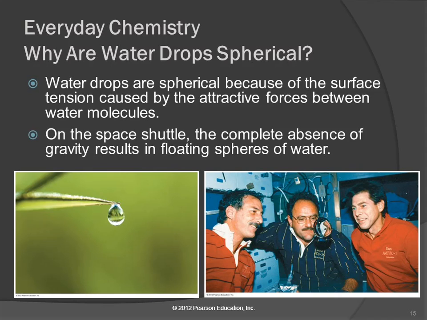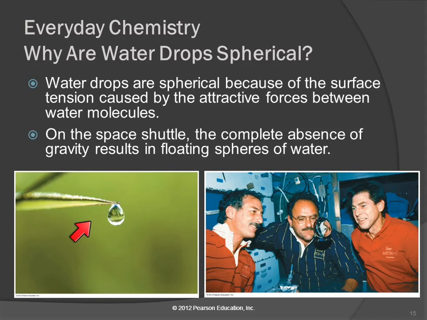If you remember the geometric shapes that you studied at some point in your education, you've got spheres and cubes and prisms and all these different shapes. A sphere is the one that has the smallest surface area for its volume. A cube has more surface area per volume than a sphere does. And so the water is going to form a shape that minimizes the surface area. And it forms this skin.